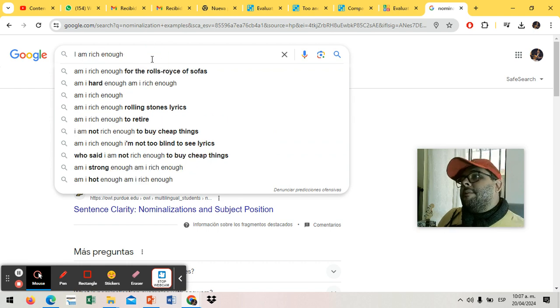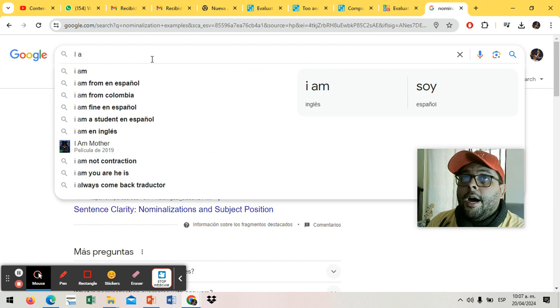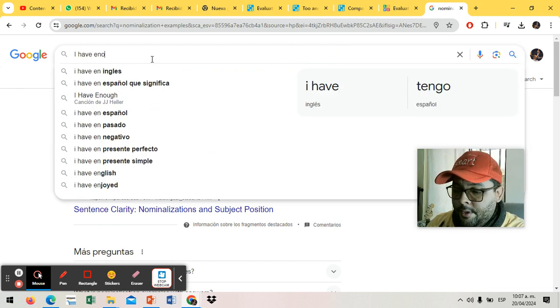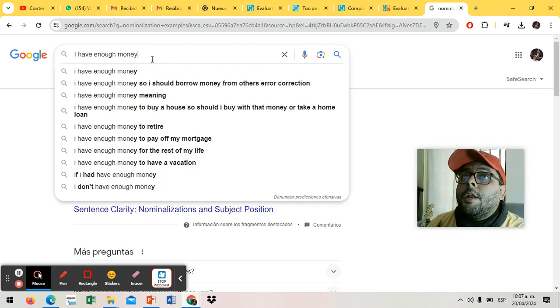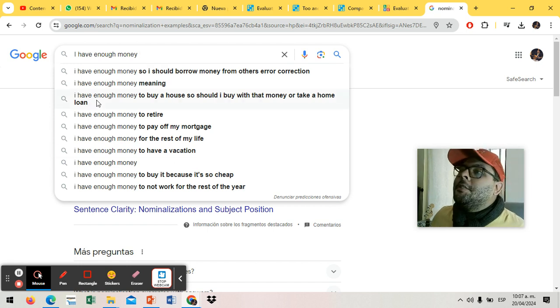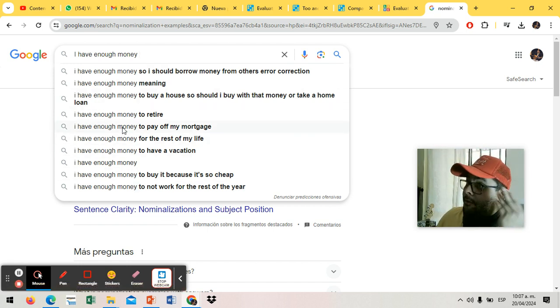But I want to say the same thing by using nouns and using enough. So I want to say, I have enough money. What is the main word in this case? Money, because I'm talking about money. I mean, in this case, the fact that I have money, but also the fact that I have money that is sufficient in order to live.